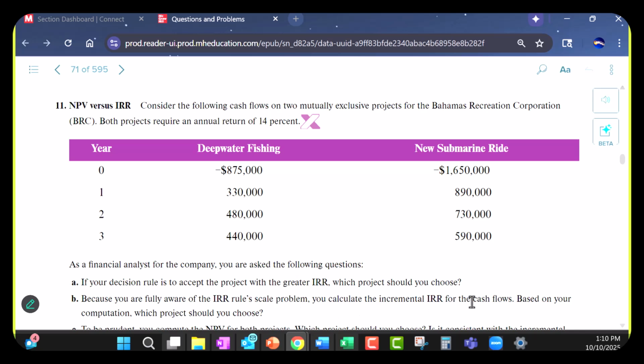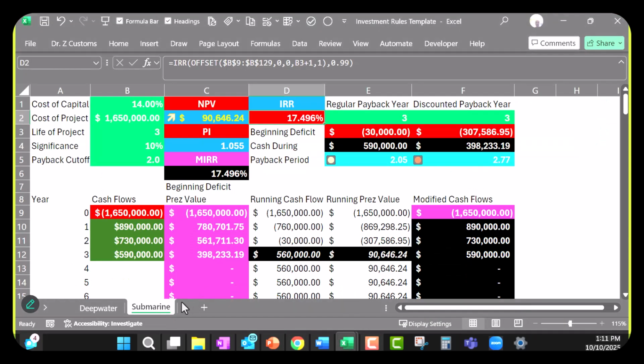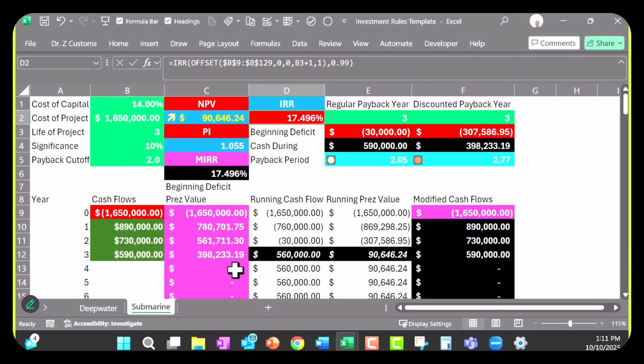You calculate the incremental IRR. We haven't covered this, but we could have. Incremental IRR is the difference between the cash flows. Let me actually do that here. Let me create a copy. I'm not going to ask this in the exam, but still, let's do this.